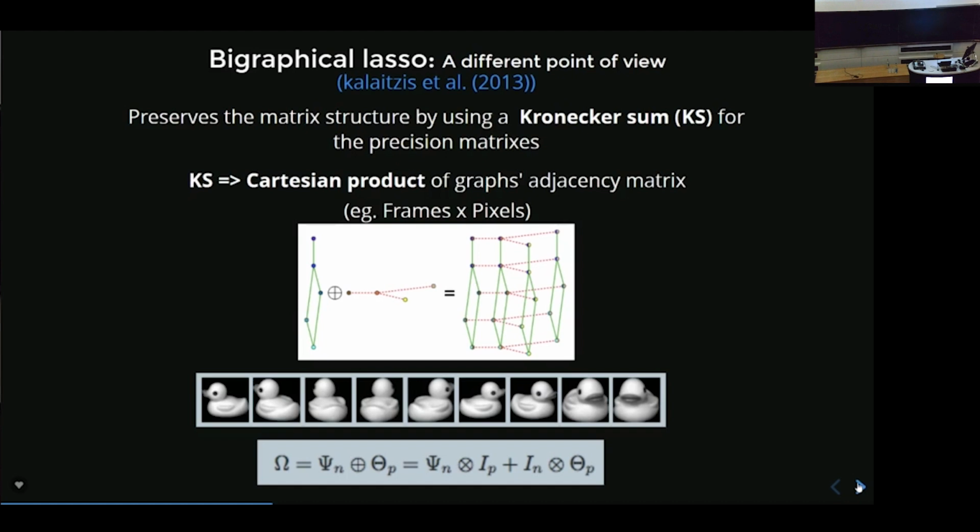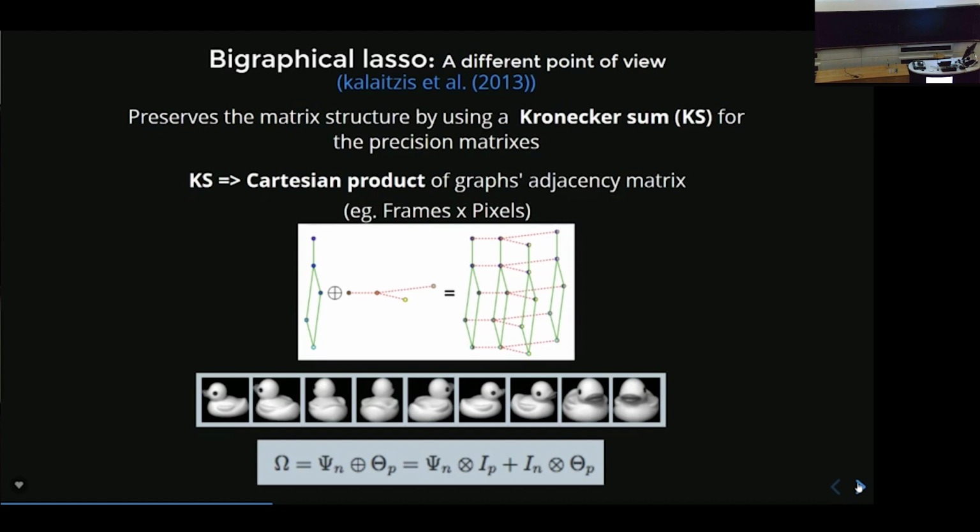Now this Kronecker sum translates into the Cartesian product of graphs' adjacency matrices. Maybe it should have been matrices there, but anyway. So this makes sense. It's very intuitive because if you think of this as a sparse structure, right? It keeps the sparsity and preserves the sparsity along the two dimensions.